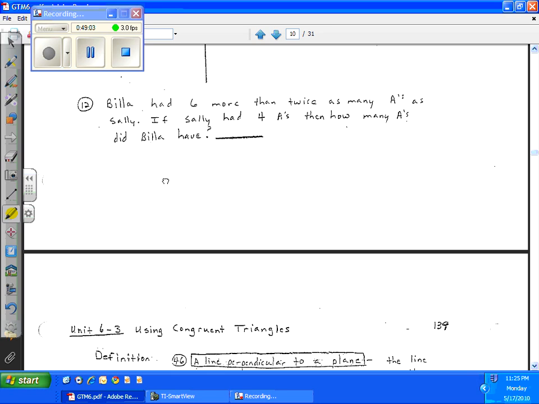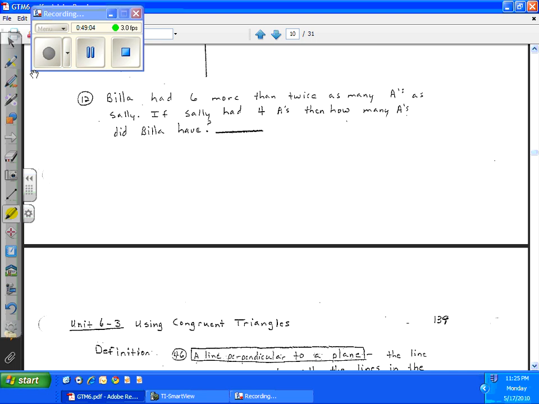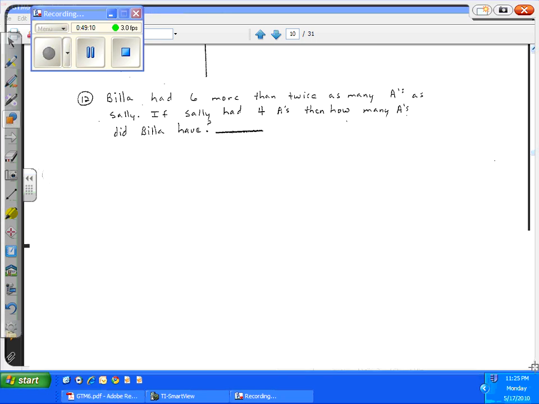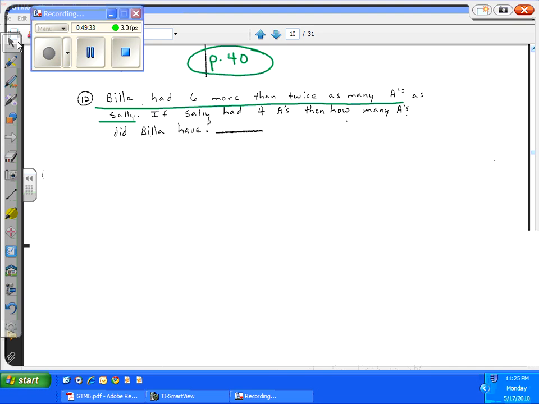Okay, we want to expose you to some more word problems, so we're going to go ahead and get you started on this word problem. We may let you finish on your own. It says Billa had 6 more than twice as many A's as Sally. Now, back on page 40 in the Algebra 1 textbook, we would have called this a comparison between two characters.